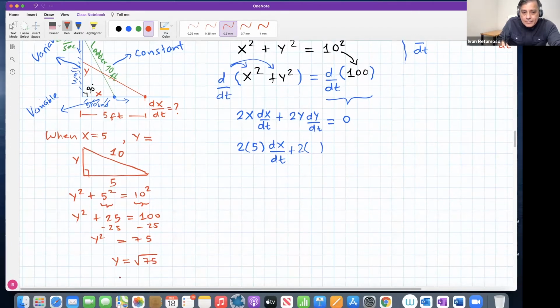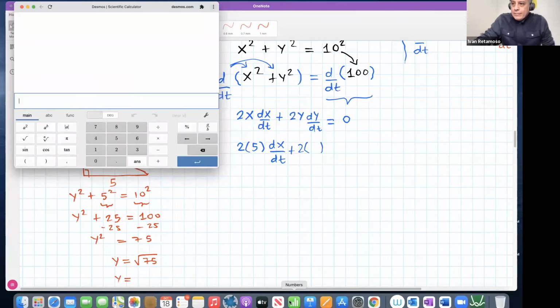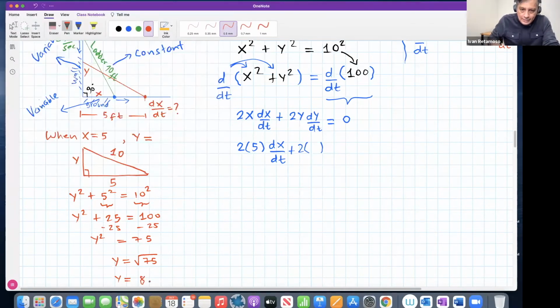And that square root you can find in your calculator. For these problems, typically, they don't want exact solutions. They want approximated decimal solutions. So 8.66, we're going to write 8.66 feet for this.